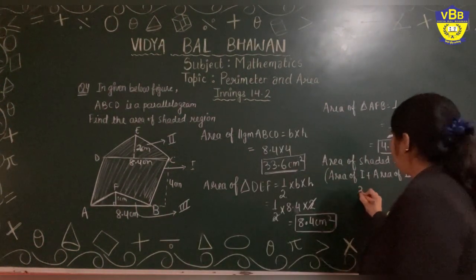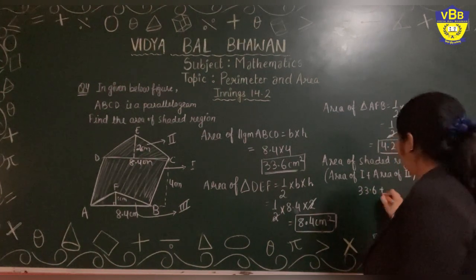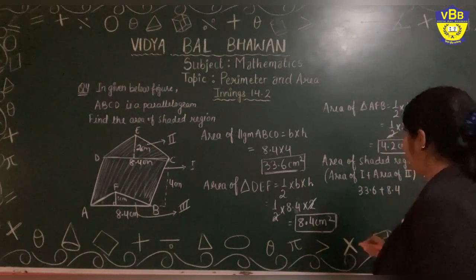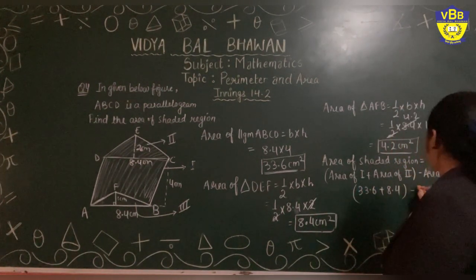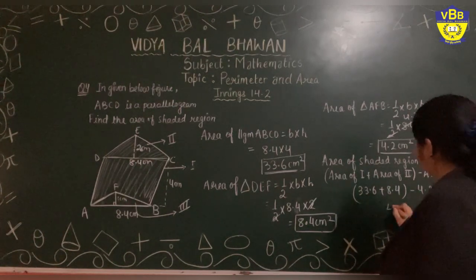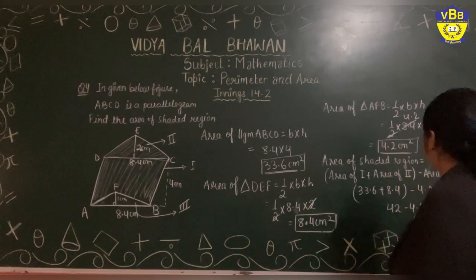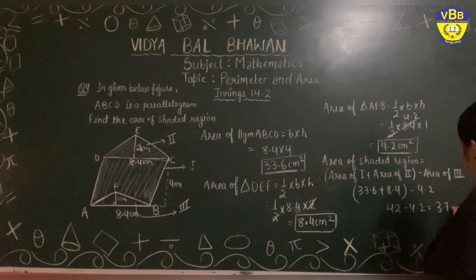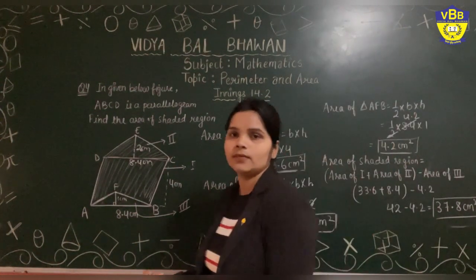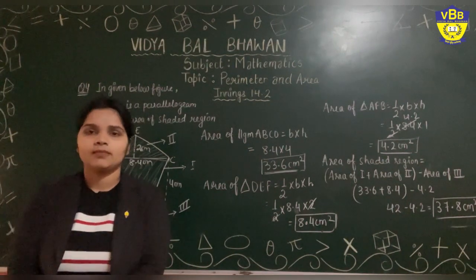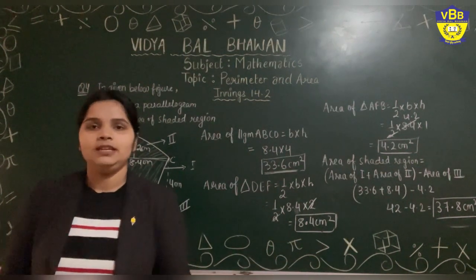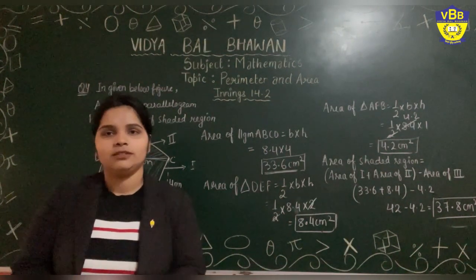That is 33.6 plus 8.4 minus 4.2, that gives you 42 minus 4.2, answer is 37.8 centimeter square. I hope this question is clear. Let's move to the next question.